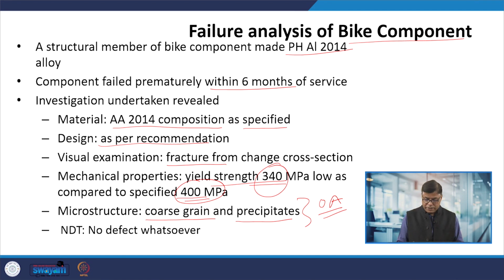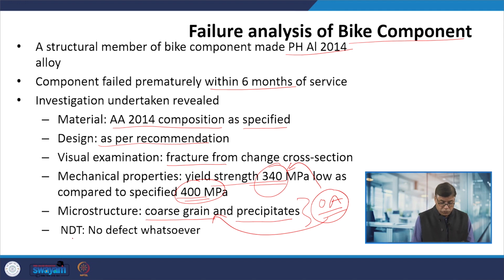Overaging means lower strength than the specified one. Coarse grains and coarse precipitates suggest the possibility of overaging, and no defect whatsoever was found during the NDT. So, this suggests that there is no problem with the soundness of the component.